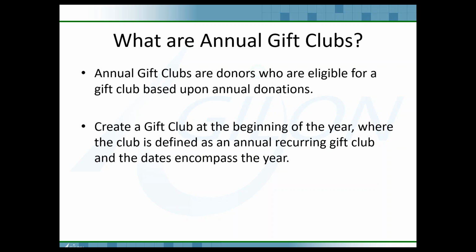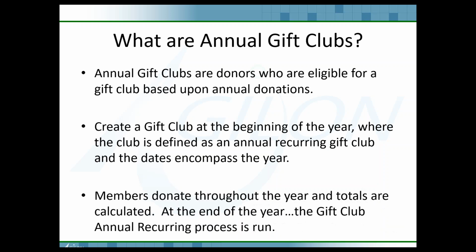So we are getting ready to close out the 2018 gift club year. Members donate throughout the year, and then the totals are calculated. And at the end of the year, we run the gift club annual recurring process.